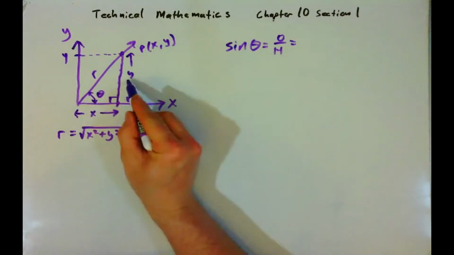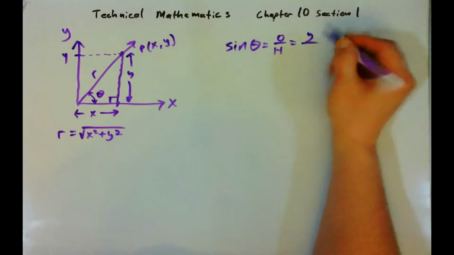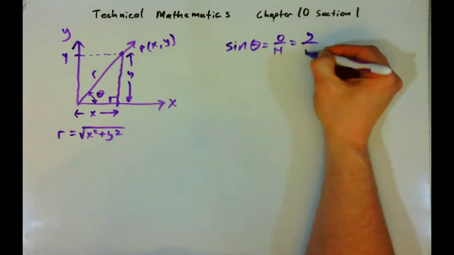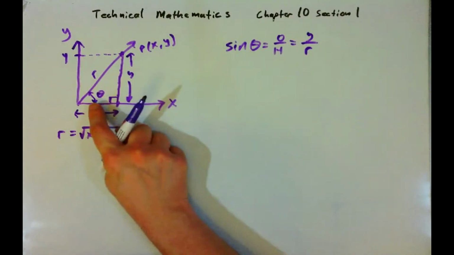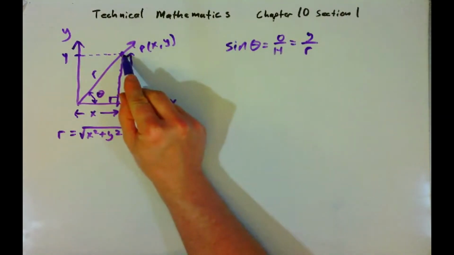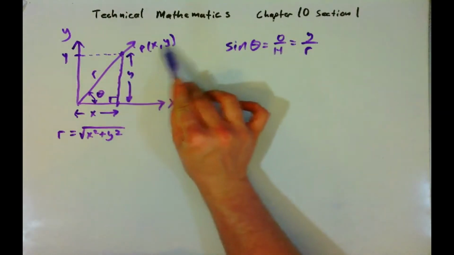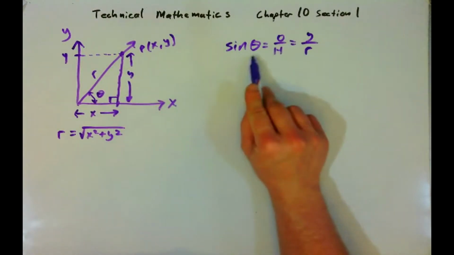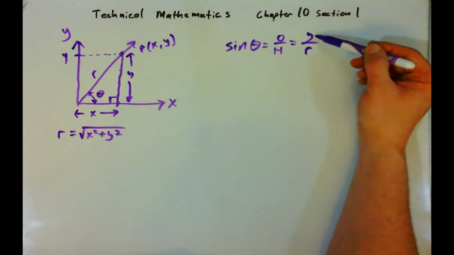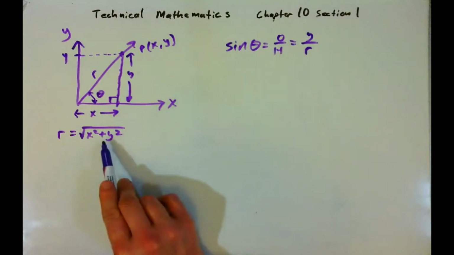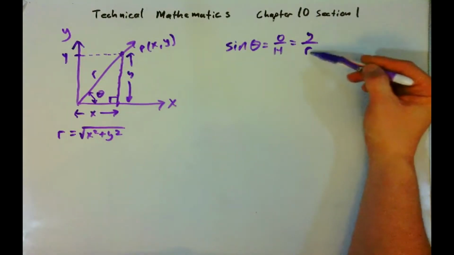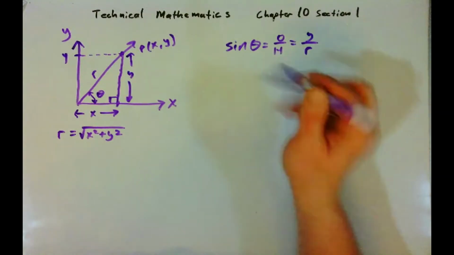And if you look at theta, the opposite side is y. The hypotenuse is r. Okay, and so if we have some angle in the coordinate plane, and we know that it passes through some point, when we know the xy point, we can determine the sine of theta because we know y. We can find r by using the Pythagorean theorem, and when we divide y by r, we get the sine of that angle.